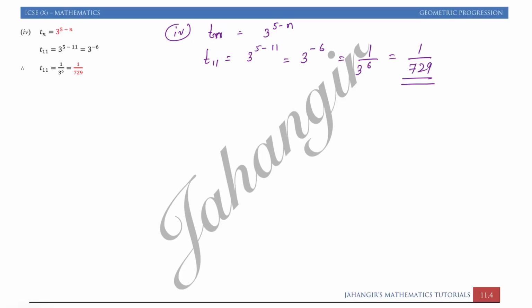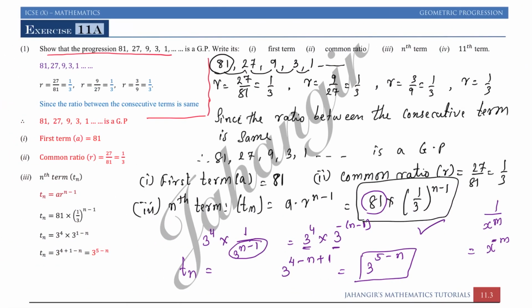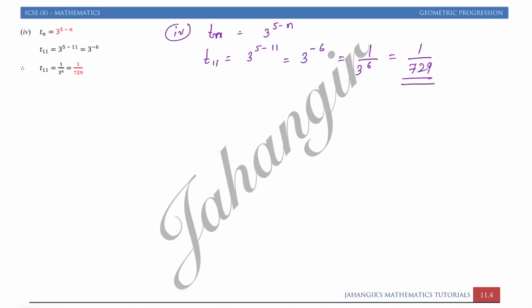So first you have to show that the ratio between the consecutive terms is the same. Second, then you have to find whatever is given. Since the sequence is 81, 27, 9, 3, 1, we can write the first term as this term.